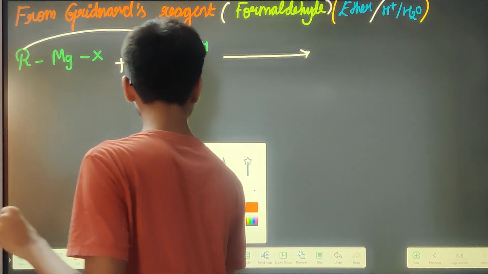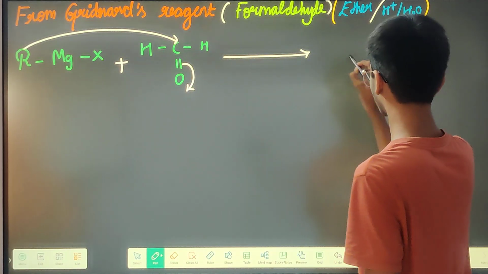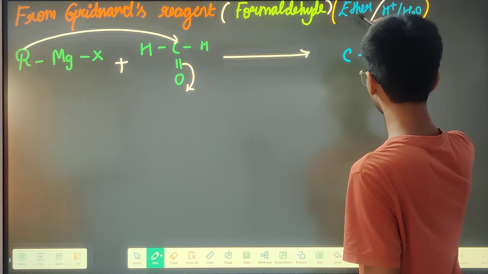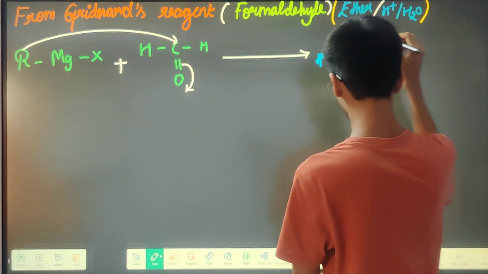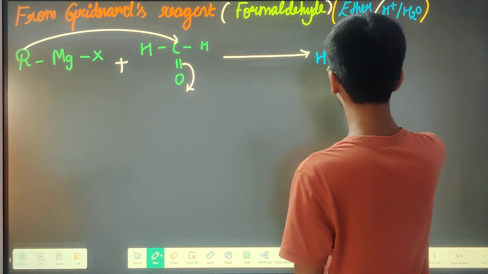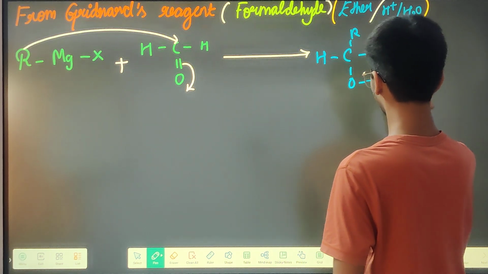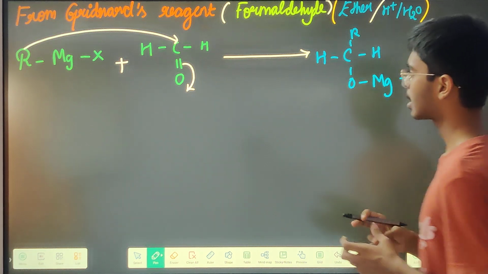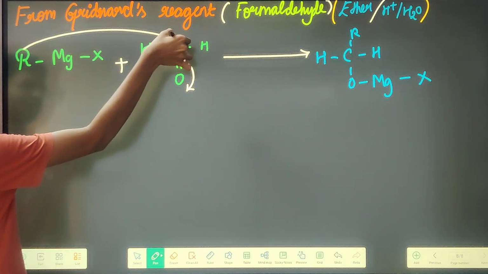Then you will get a compound like this: CH, then R, then O, then Mg, then X. As I said, this and this go and attack over here.